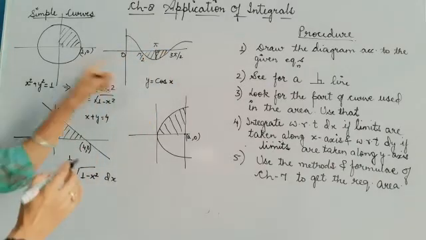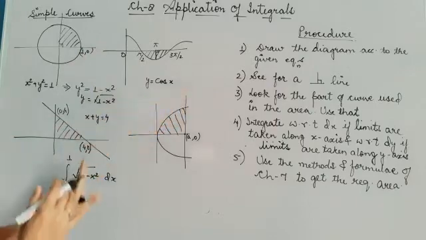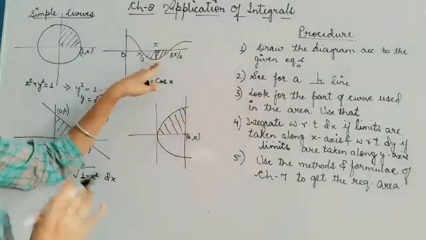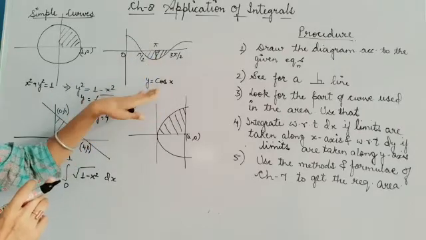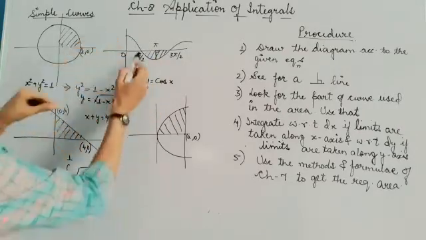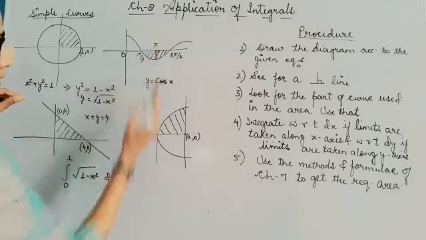Now, how will you frame the limits? Look for the part of the curve. Here we have just cos x as my curve, so I will take the equation as cos x. Now that means you have to move from here to here.